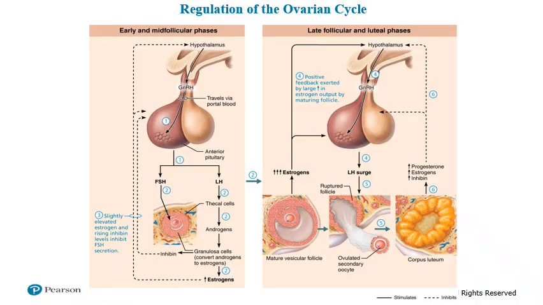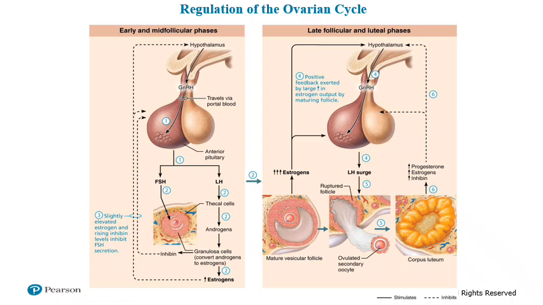Before they stop progesterone, the rising level of progesterone creates a negative feedback that inhibits the further release of LH and FSH.